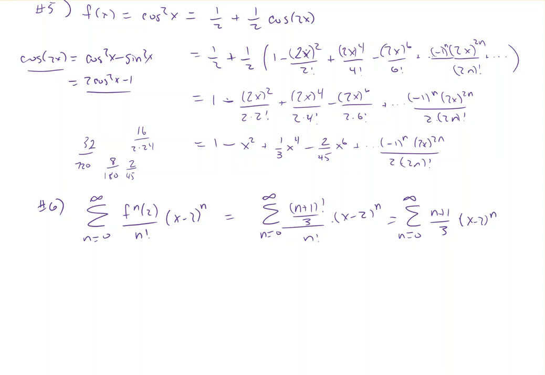Okay, so when we write these first 4 terms out, we have to remember the rules. The rules are to say, we're going to first start off with f of 2 over 0 factorial x minus 2 to the 0 plus f prime of 2 over 1 factorial x minus 2 to the first f double prime of 2, right?